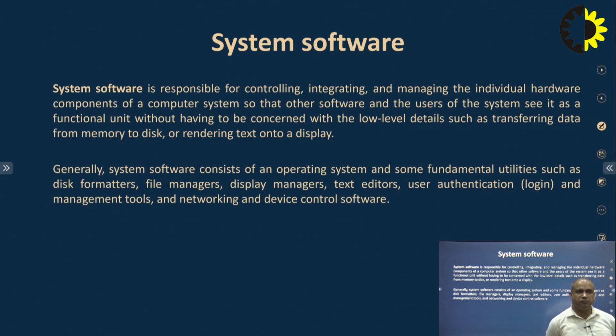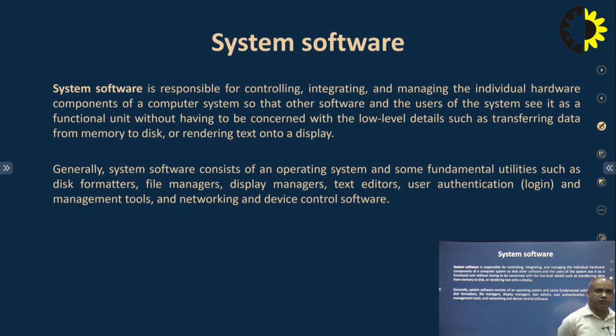System software is responsible for controlling, integrating and managing the individual hardware components of a computer system, so that other software and the user of the system see it as a functional unit without having to be concerned with low-level details such as transferring data from memory to disk and rendering text onto the display.